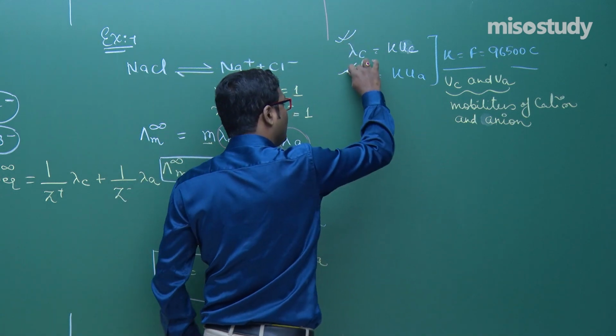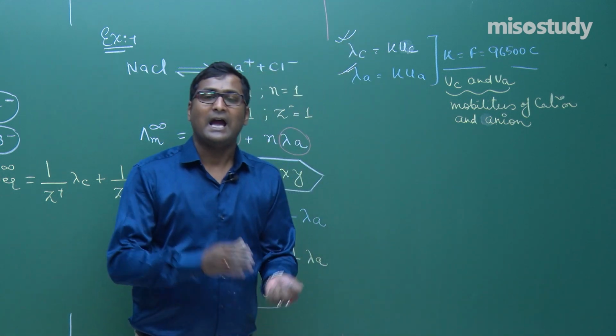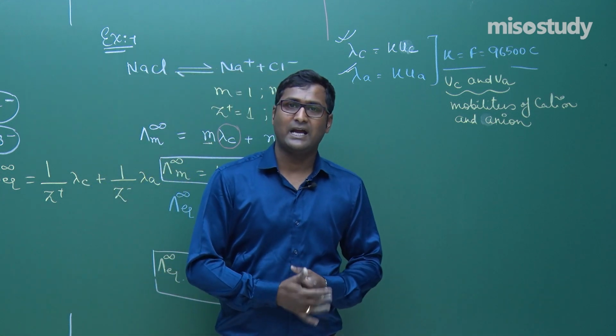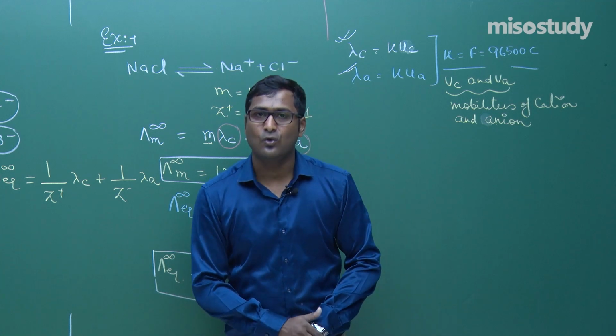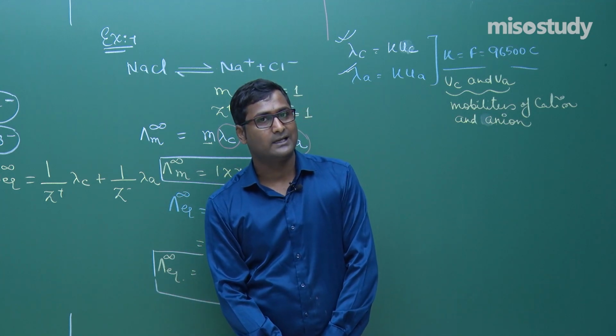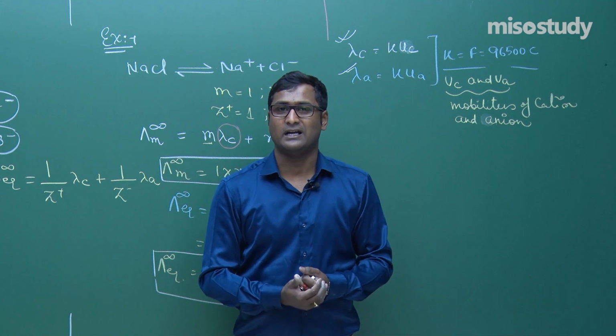Again I am repeating, what is Kohlrausch's law? At infinite dilution, as we know, the electrolyte dissociates completely into ions, then each ion will contribute toward the equivalent conductance or molar conductance.